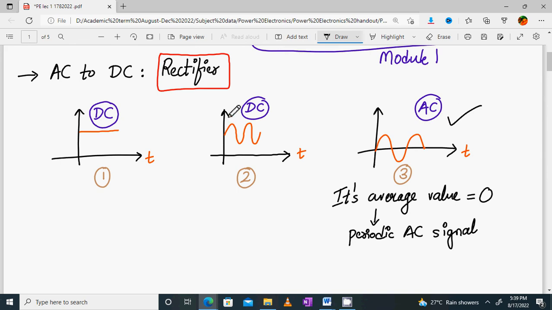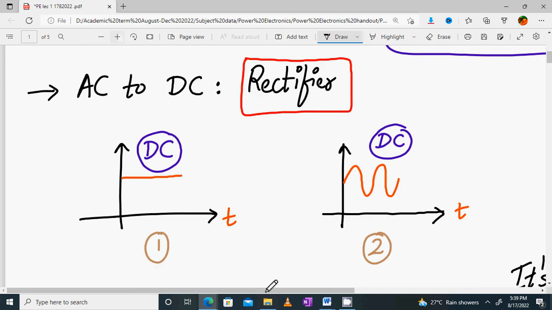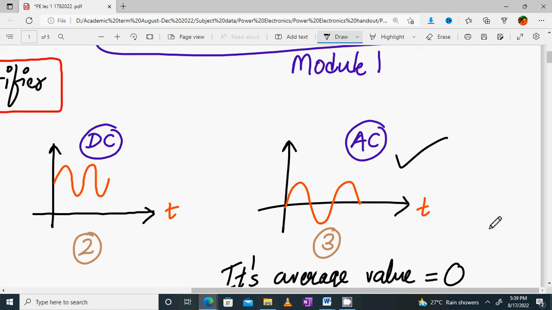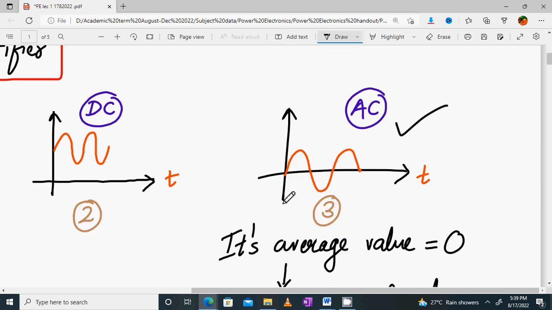Now over here, it's not. Let me give you an example. Let me expand this part of the waveform. Let's say the amplitude here is 10 volts and here it is minus 10, and here we have one time period.